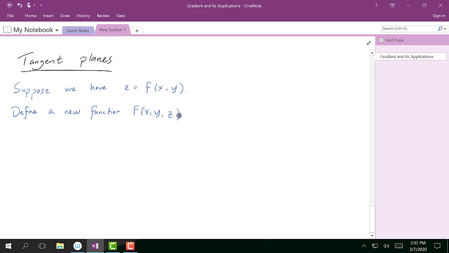We're going to define a new function by subtracting z. So what we get when we do that is that capital F of x, y, z equals 0.